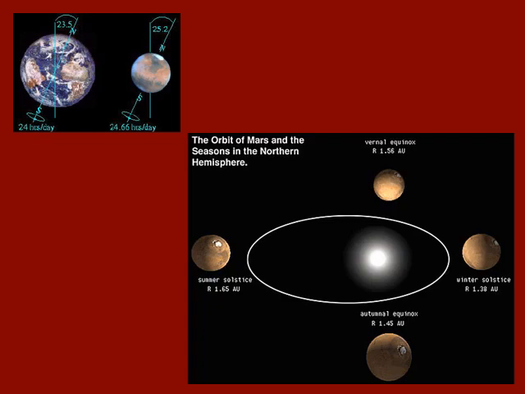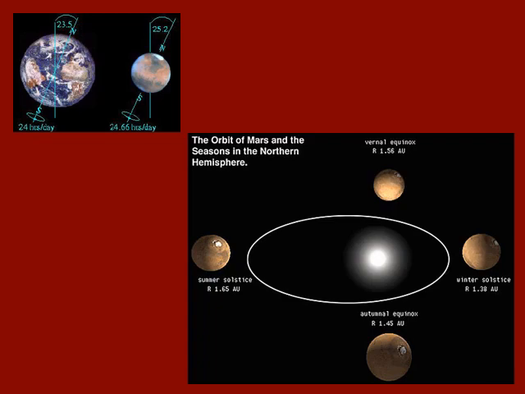Now, the tilt gives rise to the seasons, same on Mars as on Earth, but remember, Mars's orbit is vastly more elliptical. So it is so much more elliptical that the distance from the sun also affects the seasons.